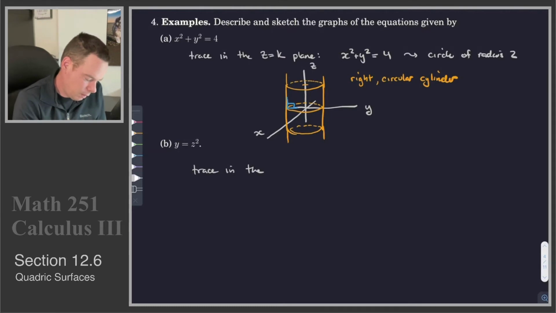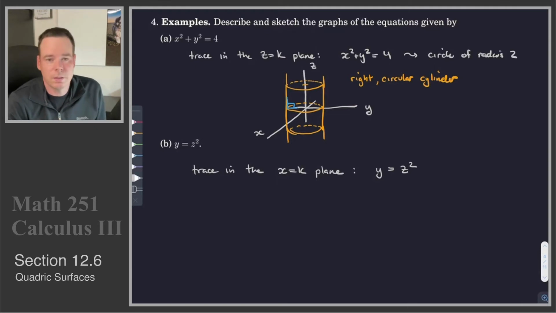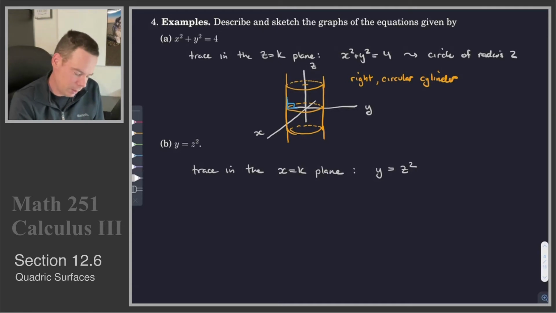So if we look at the trace in the x equals k plane, that's the corresponding relationship between the z and y values, which means it's a parabola. So the traces in the planes x equals k are parabolas.